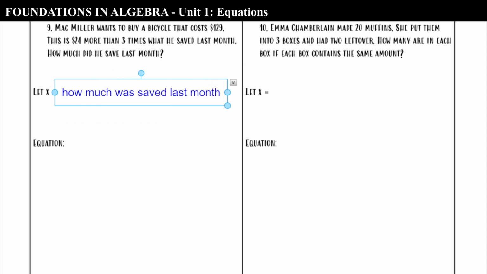Okay? And then from here, we are going to set up our equation. So 3 times what he saved last month, that's multiplication, so that's 3x. And it was $24 more than that, so plus 24 equals the cost of the bicycle, $129. So now, we're going to solve this equation.